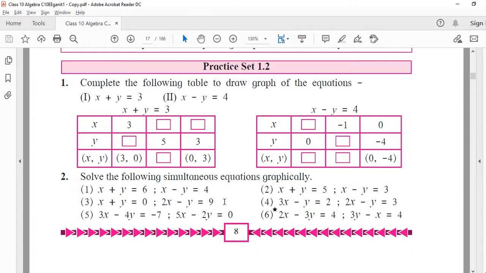Let us find out which sums we should do. I think we should not do the first sum because it is similar to what we did just now. We should also skip the second one. We can go for the third, fourth. I think we should go for sum number second, fifth and sixth.